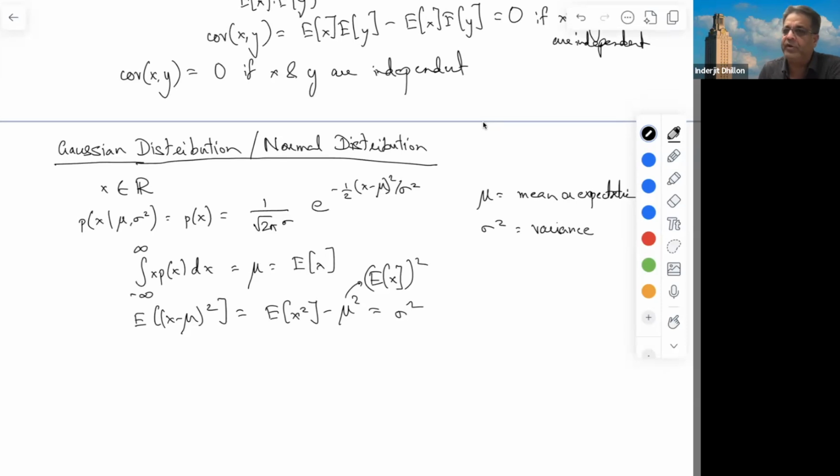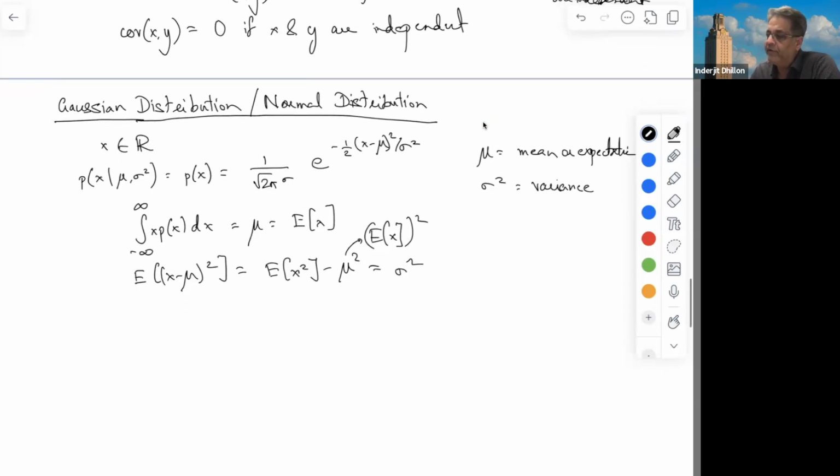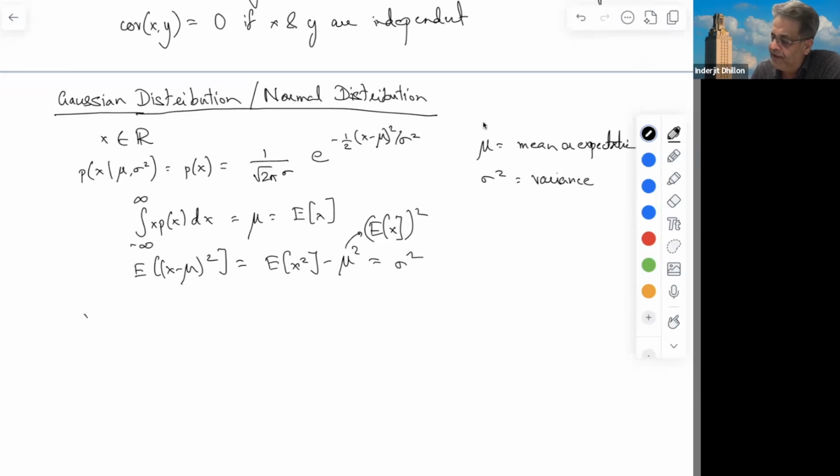But now let's move to the multivariate case. Suppose I have x, which is a d-dimensional vector. So x has multiple components, x1, x2, up to xd.